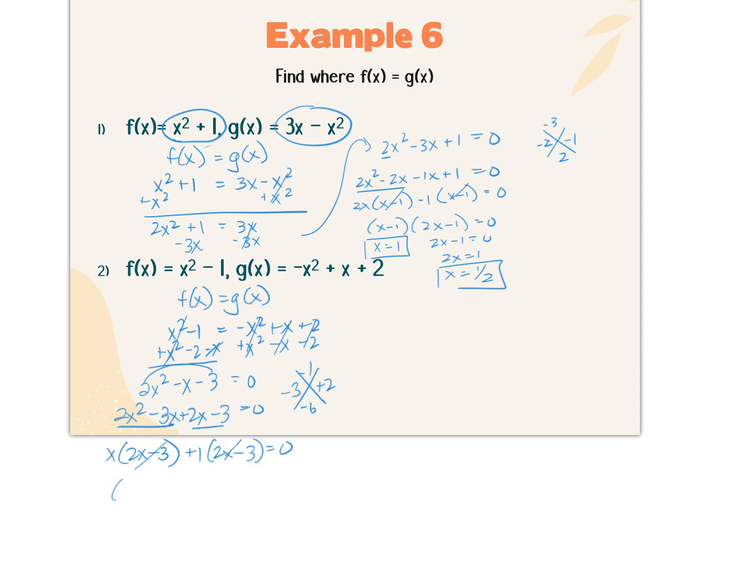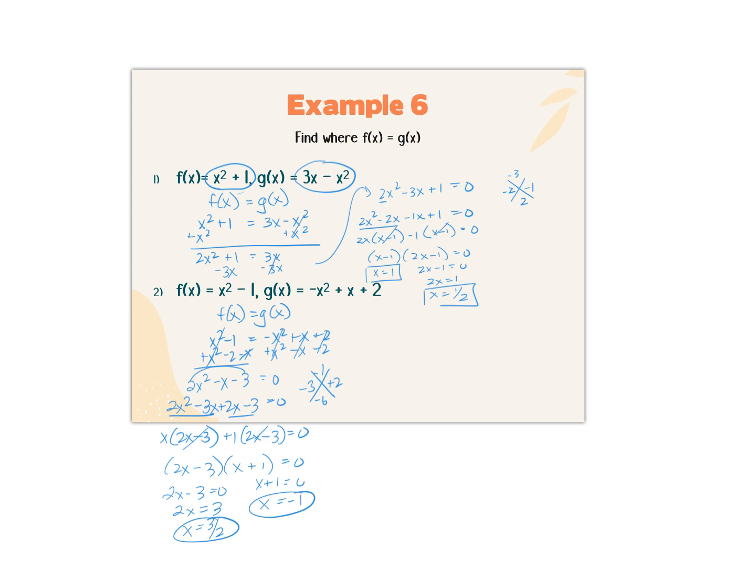This becomes the GCF here. I pull out, and I'm left with x plus 1. So I get here 2x minus 3 is 0, 2x is 3, and x is 3 over 2. And x plus 1 is 0, so x is -1. So these are my two solutions for this problem. These are the two values that will make f of x equal to g of x.